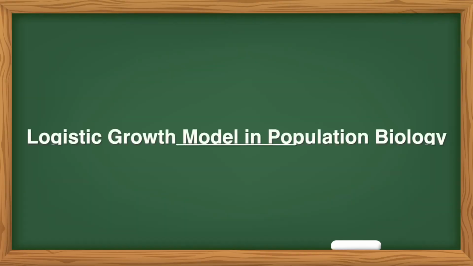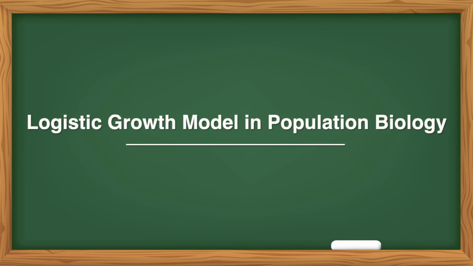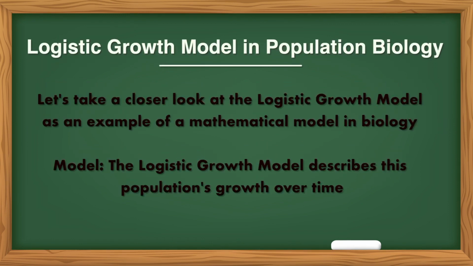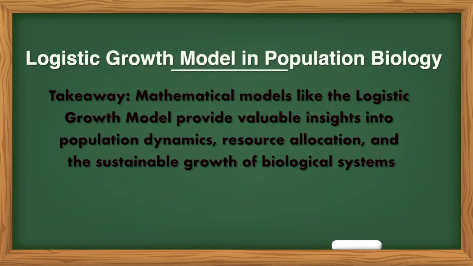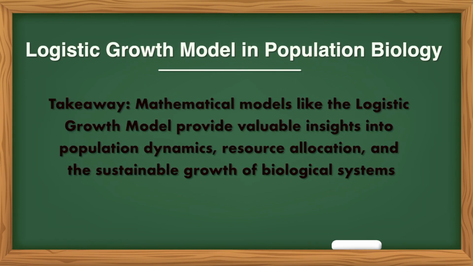Let us consider the logistic growth model. It is like modeling a population of rabbits. Initially, the population grows rapidly, but as resources like food and space become limited, the growth rate slows down. So, it follows a logistic curve. This model helps us to understand population dynamics and resource constraints.